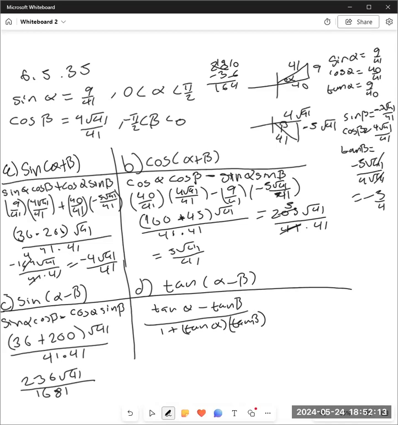And now we're going to have tan alpha is 9 over 40 minus tan beta is -5 over 4, over 1 plus 9 over 40 times -5 over 4.